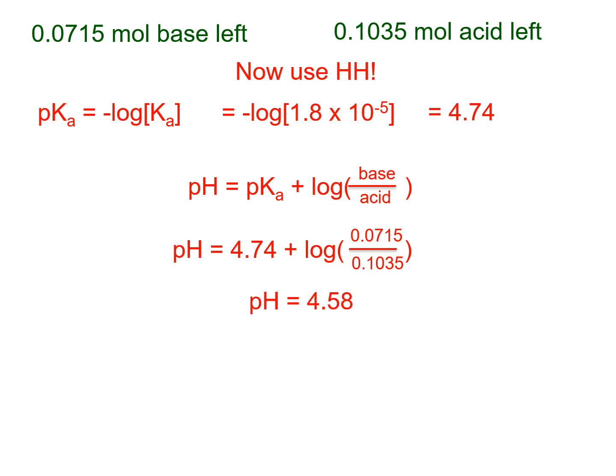Now again, notice how little the pH has changed relative to the initial pH of my buffer, compared to how many units my water changed when I added the same amount of acid or base. I can always check these because I know that my pH should go down here, because I added acid to the solution.